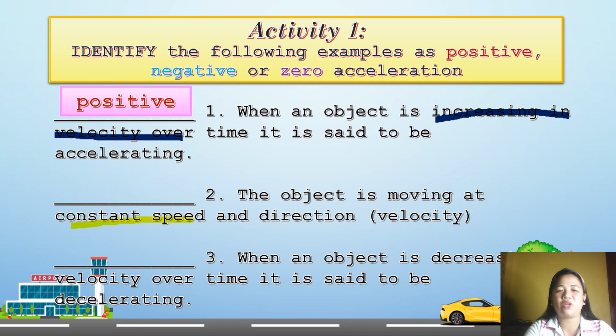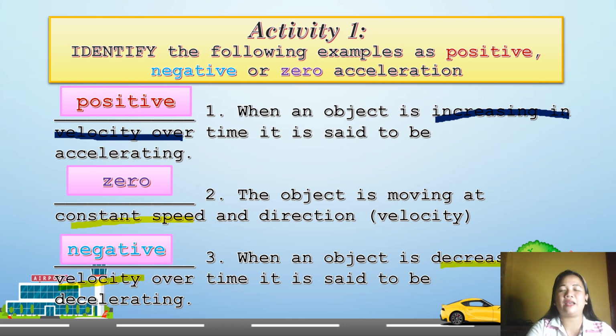Ito na yung clue word, constant. So therefore, it is our zero acceleration. Okay, the third one. So you have the clue word, decrease in velocity. Okay, bumaba yung velocity. So therefore, our answer here is negative acceleration.